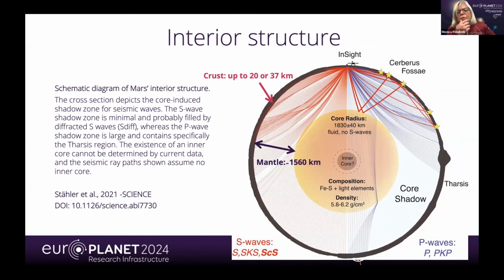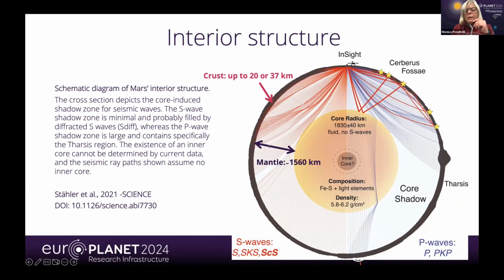The interior structure has been addressed by the InSight mission, which was active until more or less a couple of months ago, which used S and P waves from Mars quakes in order to derive the thickness of the crust, which was understood to be 20 or 37 kilometers, depending on the case, much less than expected.